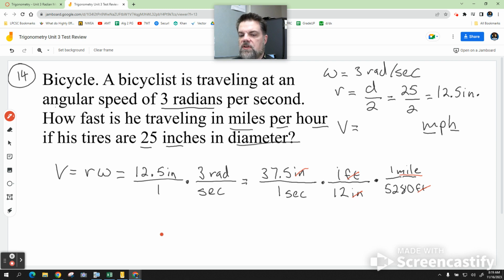Cool. Now, we got to do the same thing with the time, but I'm just going to multiply this out, and then we'll convert it again. So I'm going to get a new answer down here. 37.5 times 1 times 1 times 1 is 37.5 miles.